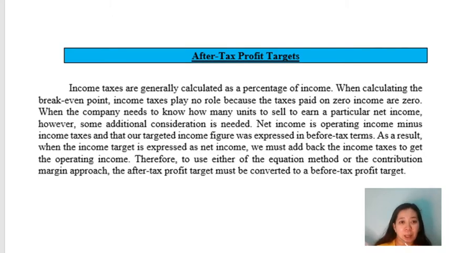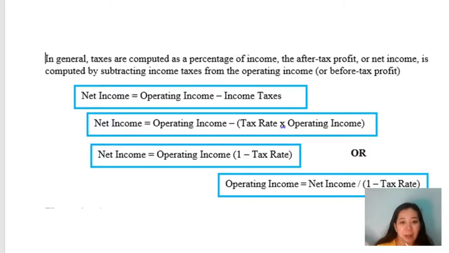So when the income target is expressed as net income, we must add back the income taxes to get the operating income. To use either the equation method or the contribution margin approach, the after-tax profit target must be converted into before-tax profit.